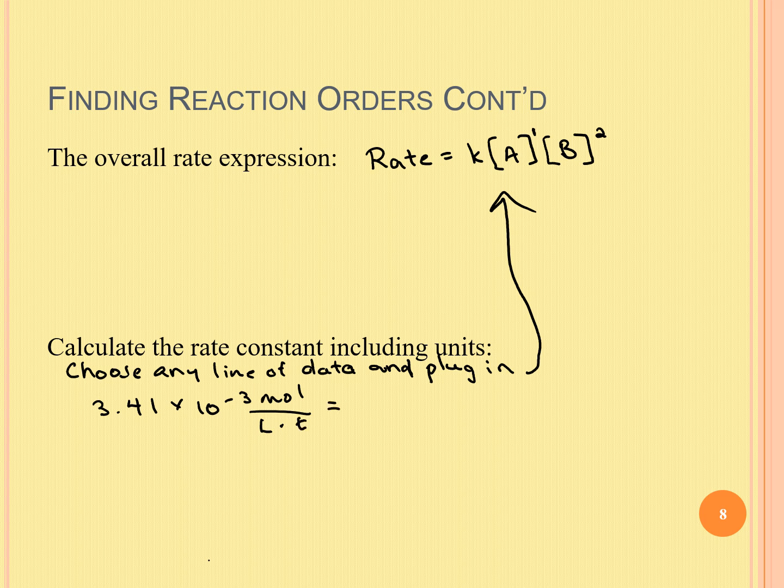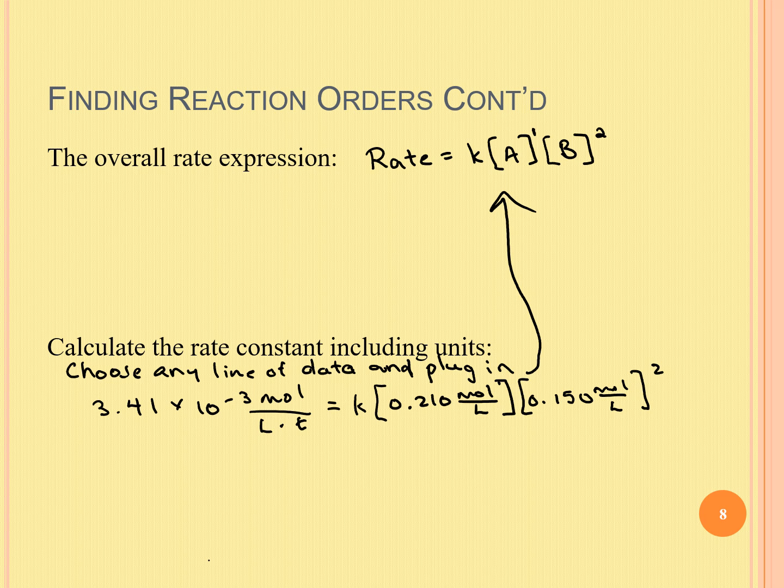That is equal to K. That's what we're looking for. Then we have A, and A for that one was 0.21 moles over liters, times our B, which was 0.150 moles over liters, and that is squared.